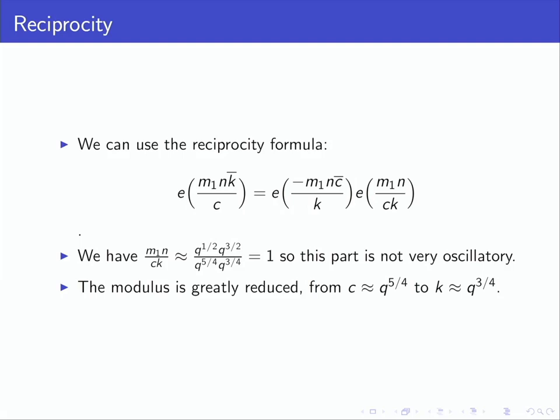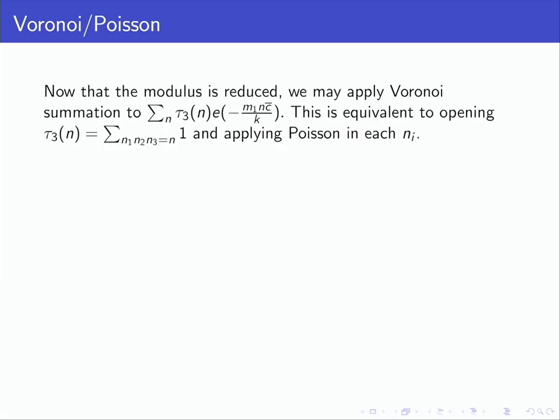So these things counterbalance. Now we've reduced the modulus, and we can try to apply more Poisson summations, or Voronoi summations, whatever you want to call it. When I say Voronoi summation for this tau 3 event, I just mean open the sum up and apply Poisson in each variable.